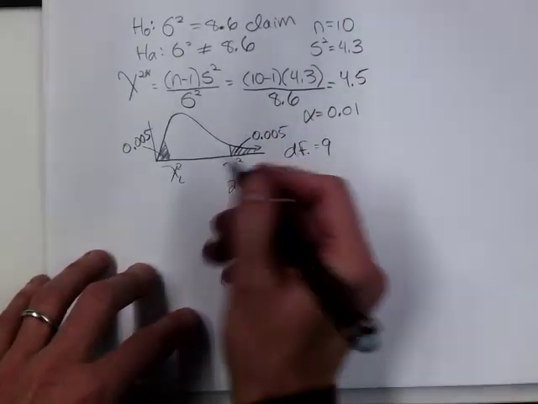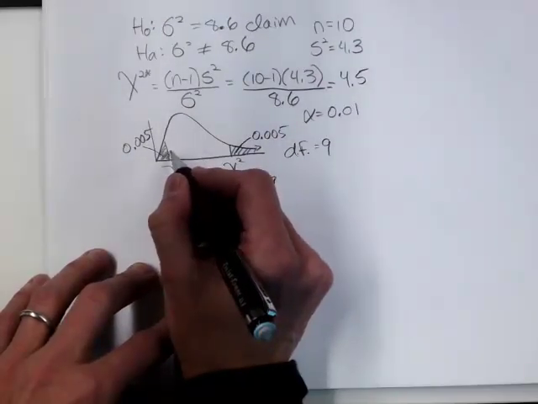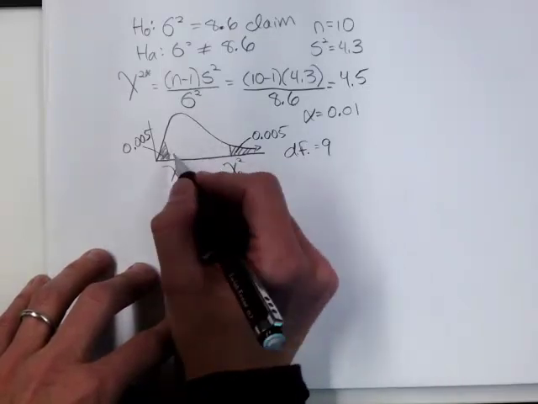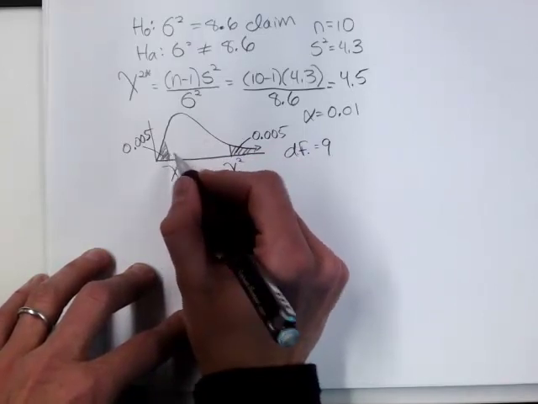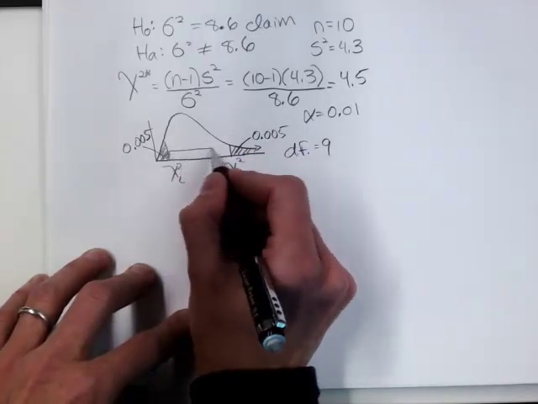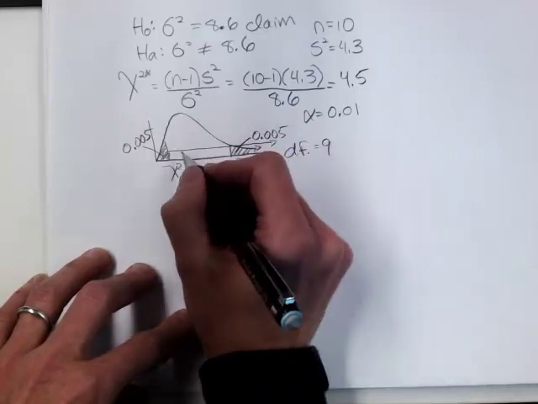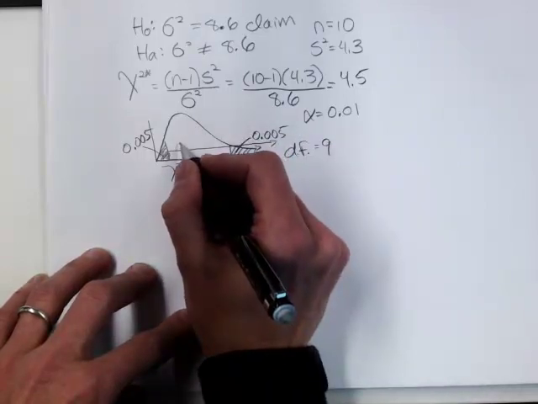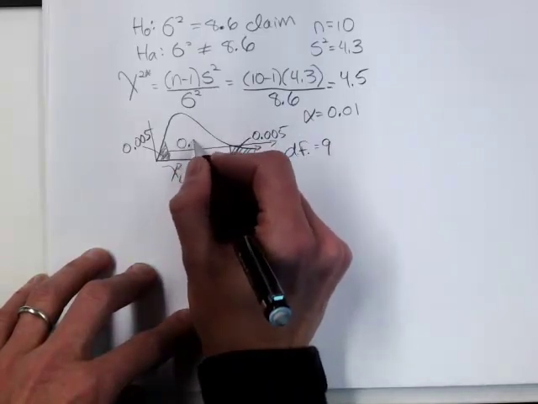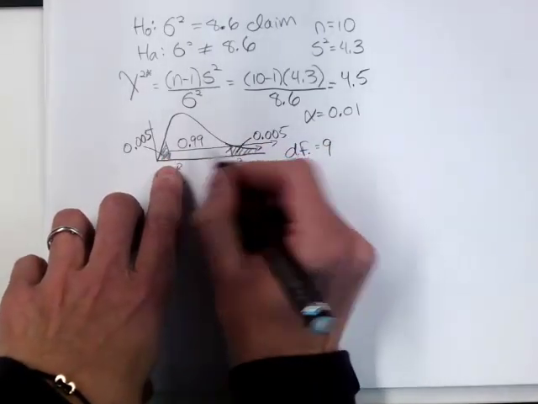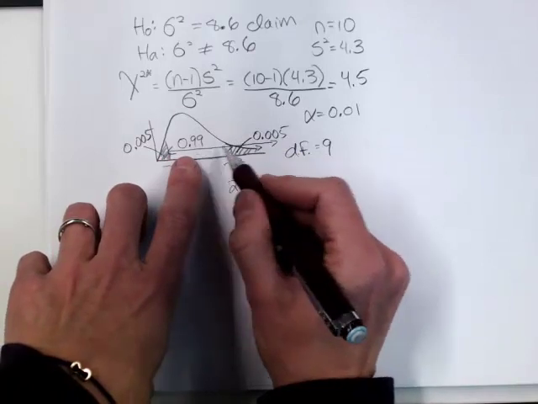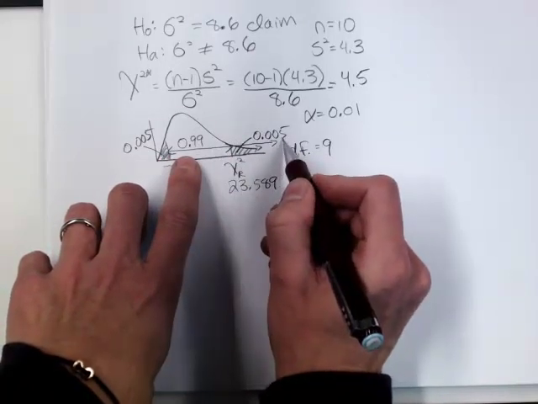Now for the lower critical value, we're going to need to figure out the anti-cumulative area from the lower critical value to positive infinity. If I have 0.99 amount of area between the two, then I want to add just that smidge more for the tail.